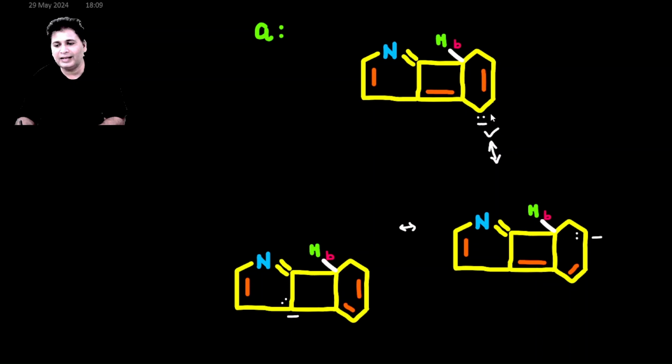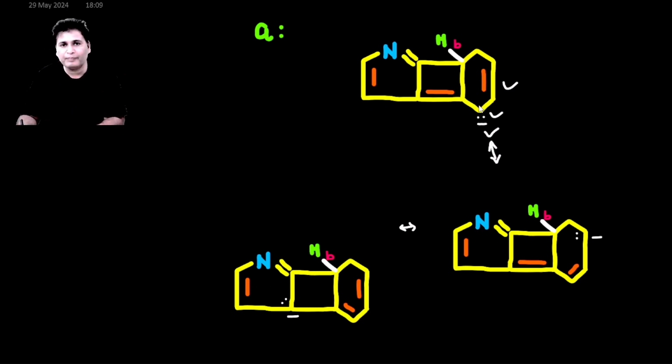Minus, single, double. So first I am taking the conjugation on the left hand side of the negative charge, and as you see, in this conjugation there is scope of delocalization, and it is good for the stability, for the health of this anion. The more you delocalize the charge, the higher will be the stability.